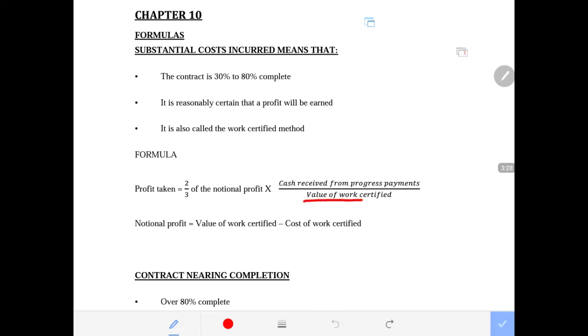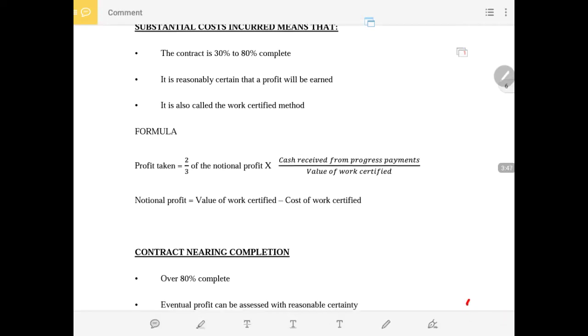And remember, the value of the work that is certified is the cost of the work that is certified plus markup percentage. I will partly highlight that as we progress. So the cost of the work certified plus the markup percentage gives us the value of the work that is certified.